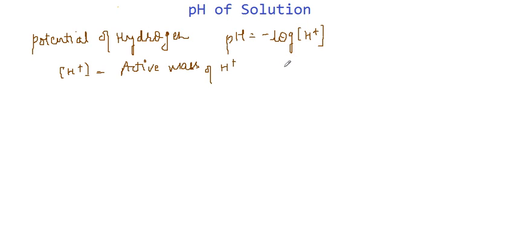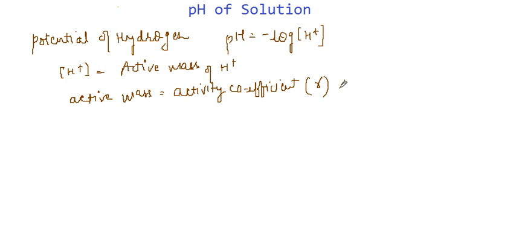Active mass is equal to the activity coefficient, which is denoted by gamma, multiplied by molar mass. So this is known as the active mass of H plus: activity coefficient into molar mass.